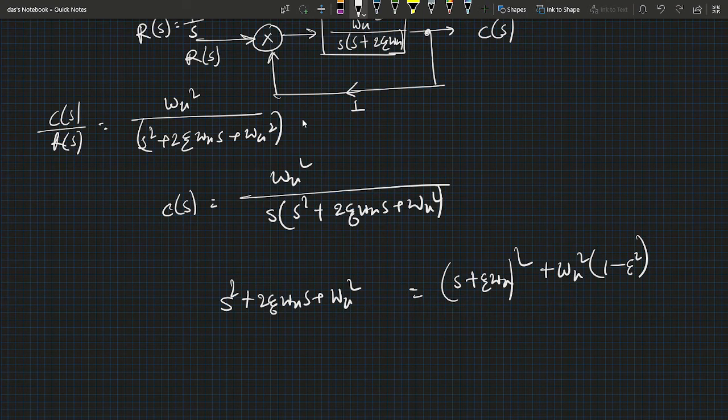Is it right or wrong? Because s squared plus 2 zeta omega n s plus omega n squared plus zeta squared omega n squared, so basically this part and this part cancel out, so this is basically the same expression.